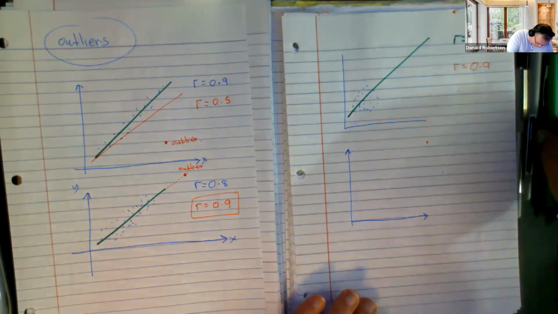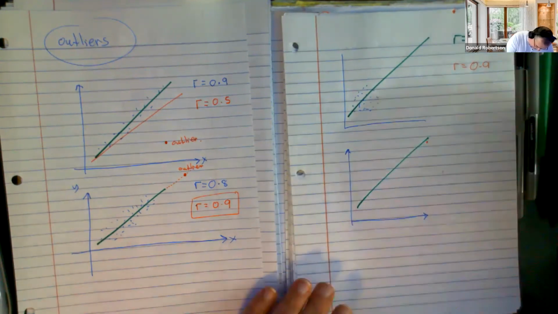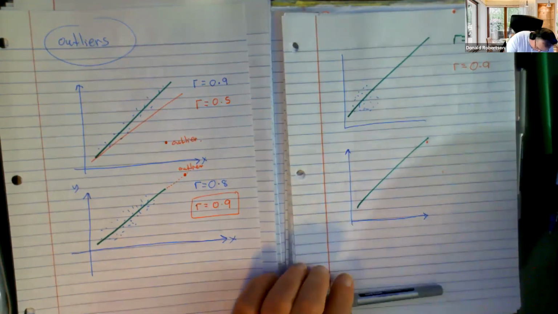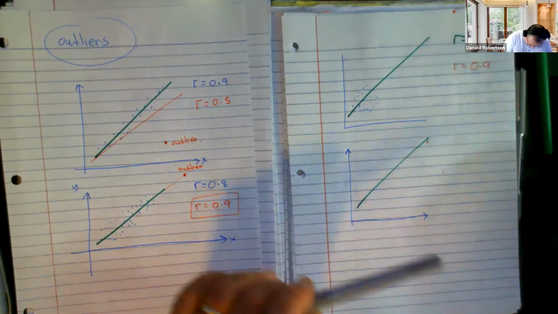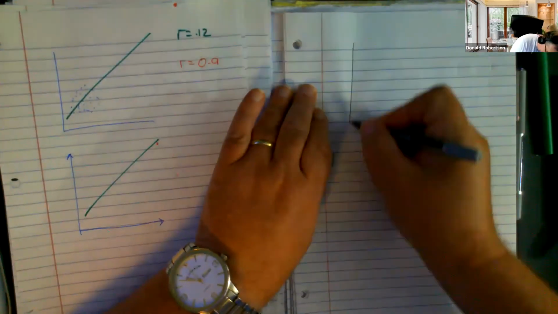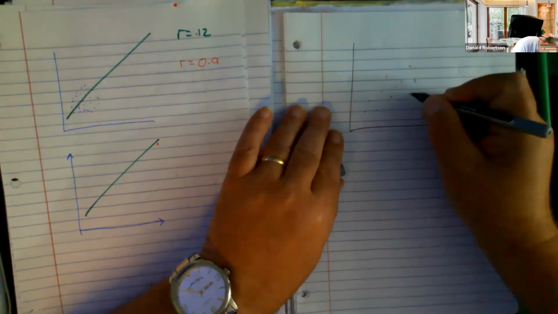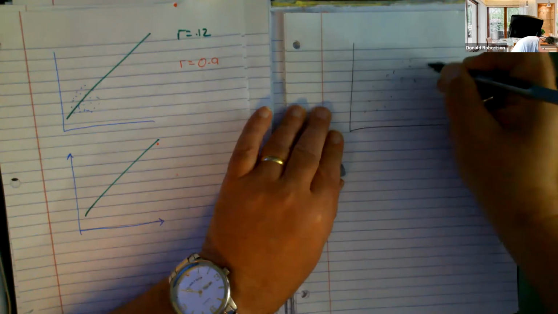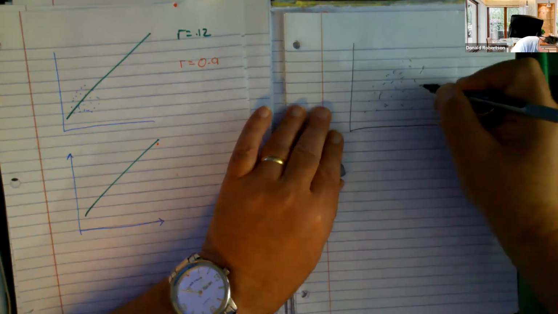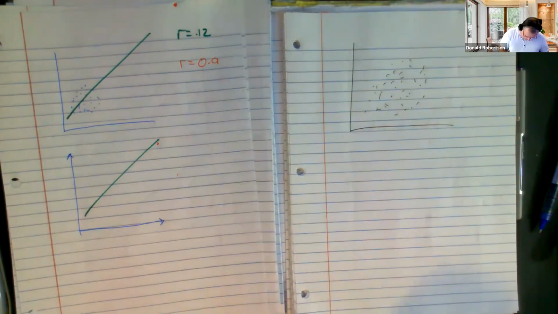Let me give you an example. Suppose I had my data and it really didn't have any shape at all to it, right? You are not allowed to do the following.